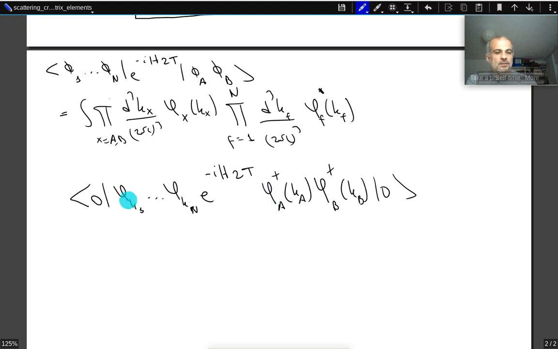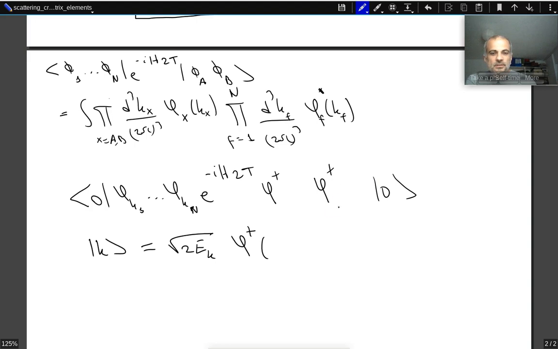So to simplify the notation, let me just make one definition. I will define the single particle states, let's say k, as square root of 2 E, the energy corresponding to k, phi dagger k acting on the vacuum. Here we are actually considering a single particle, but this derivation can be generalized to an arbitrary number of particles.